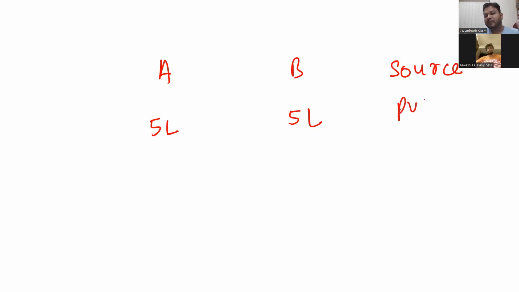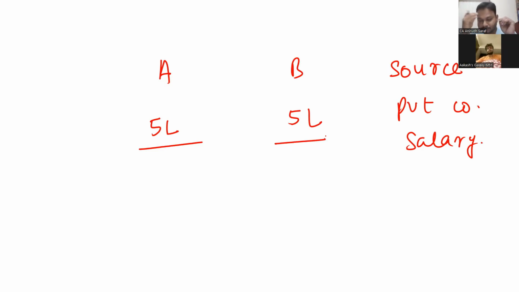Both work for a private company and both receive salary. So one is earning 5 lakh as salary from a private company. The other one is also doing the same thing. Still, it is possible that both of them are paying different taxes. Why? Can you think of a reason? Take a guess.